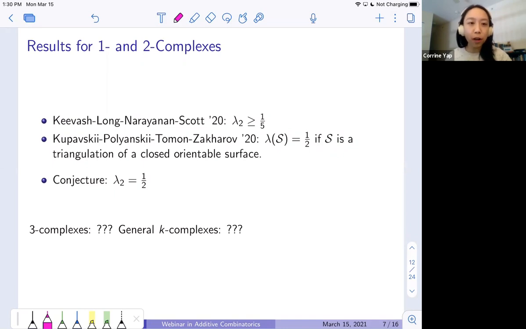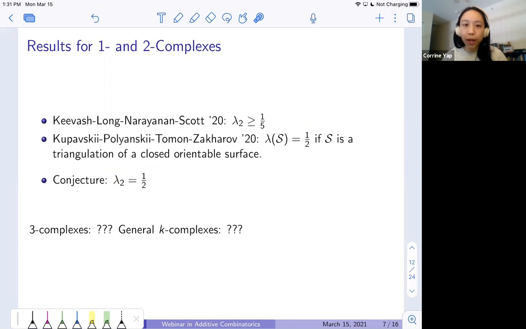And last fall, around the same time as the result I'll be talking about, these 4 authors, Kupavskii, Polyanskii, Tomon, and Zakharov, showed that the exponent is exactly 1/2, not only for the 2-sphere, but for any closed orientable surface. And so it's natural to conjecture that lambda 2 is equal to 1/2. But we still don't know.